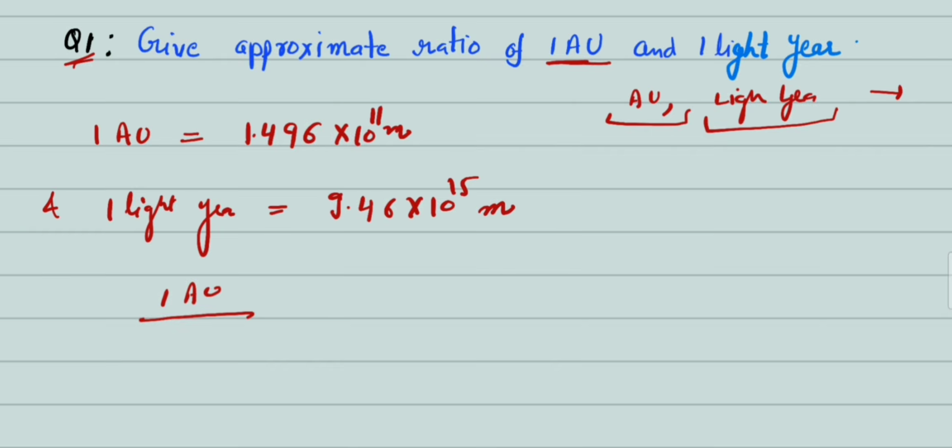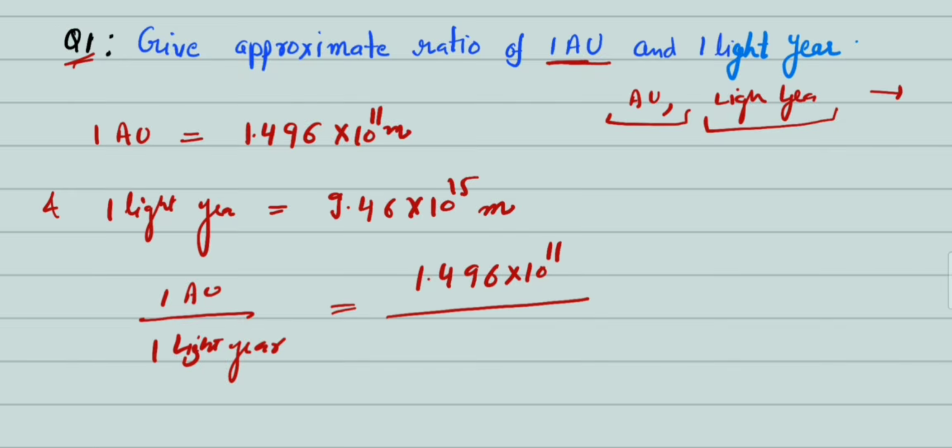1 AU divided by 1 light year is equal to 1.496 into 10 raised to power 11 divided by 9.46 into 10 raised to power 15 meter, and here also meter.